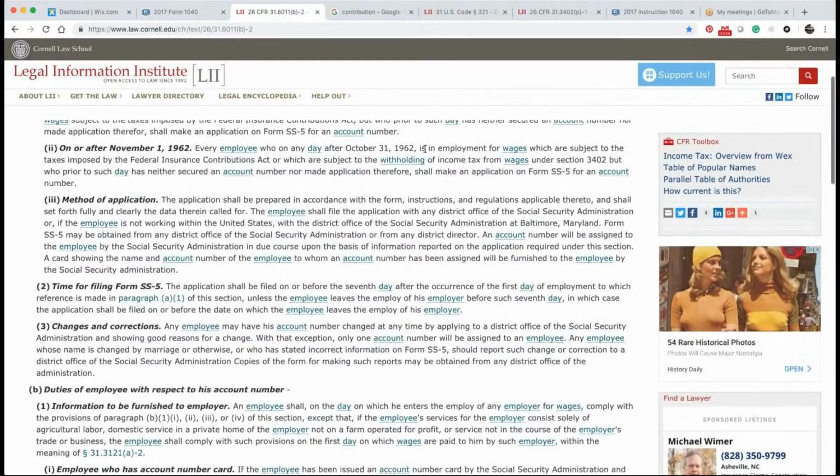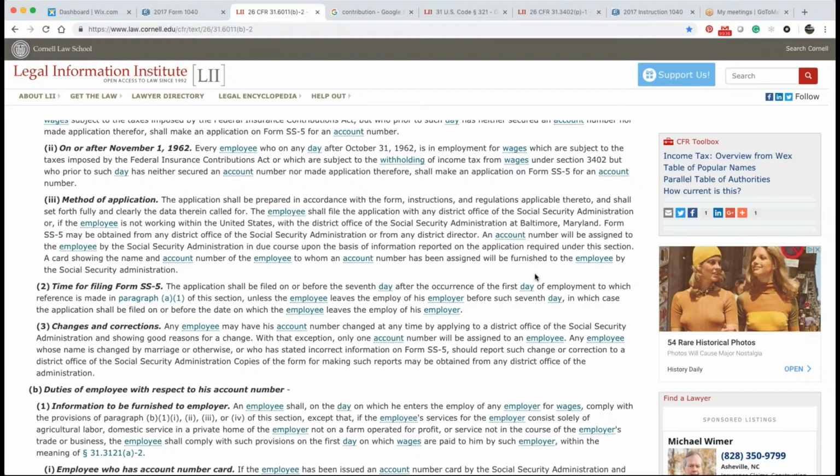3. Method of application. The application shall be prepared in accordance with the form, instructions, and regulations applicable thereto, and shall set forth fully and clearly the data therein called for. The employee shall file the application with the District Office of the Social Security Administration, or if the employee is not working within the United States, with the District Office of the Social Security Administration at Baltimore, Maryland.